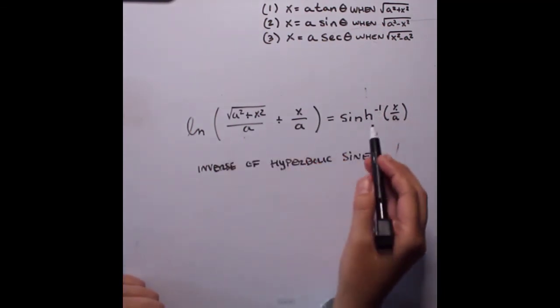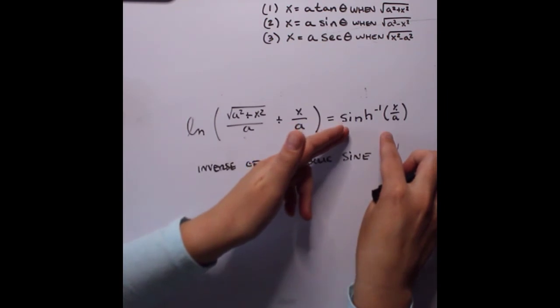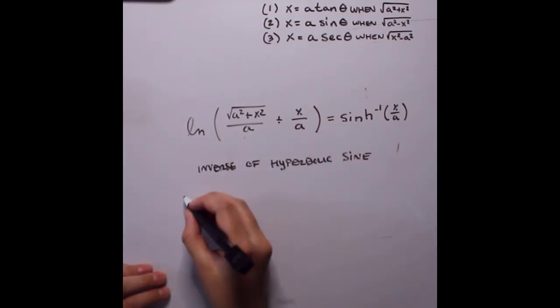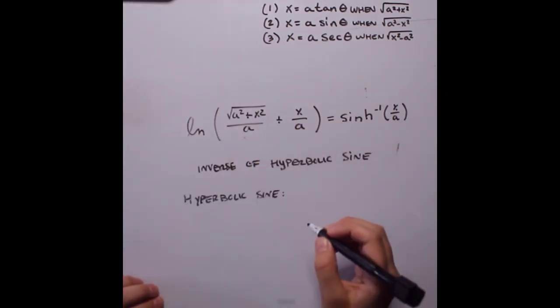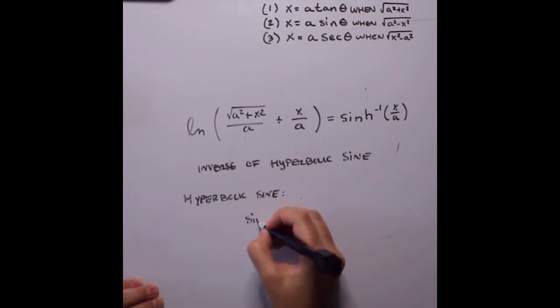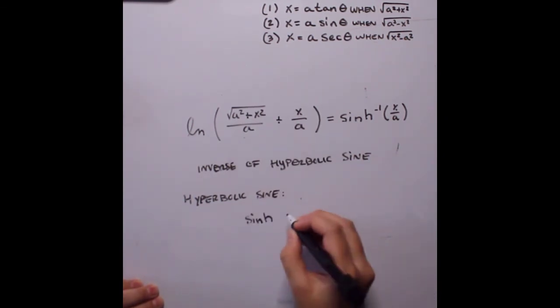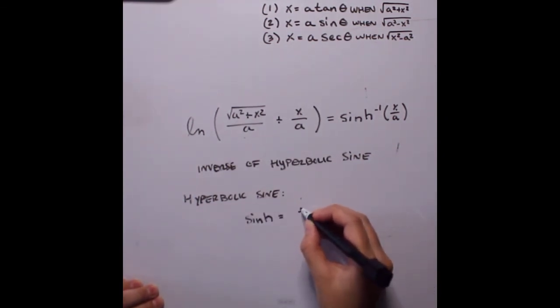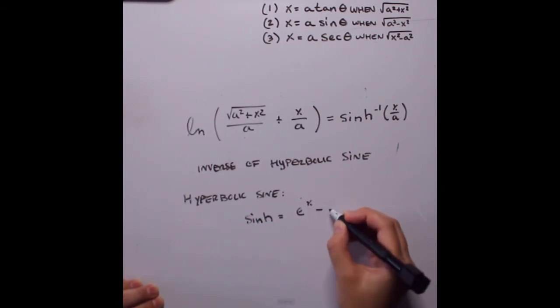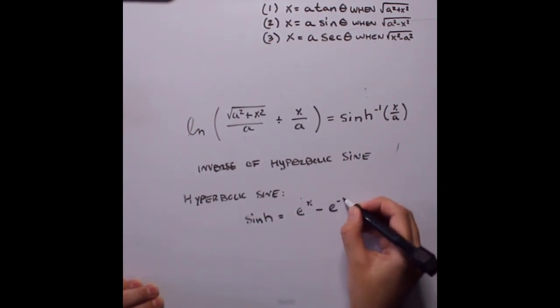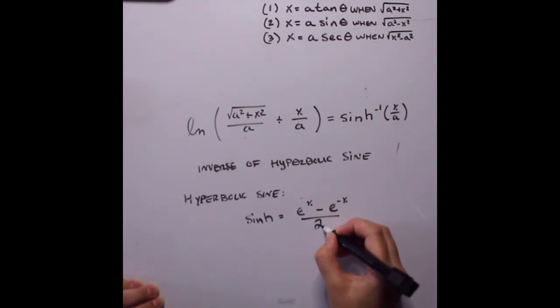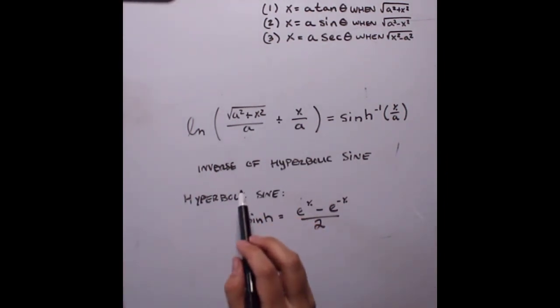And so it's just interesting. This is an actual other function. And so just another note for you. The hyperbolic sine function, you can pronounce it sinh or hyperbolic sine, is equal to e to the x minus e to the negative x all over 2. So we won't go into much detail about this.